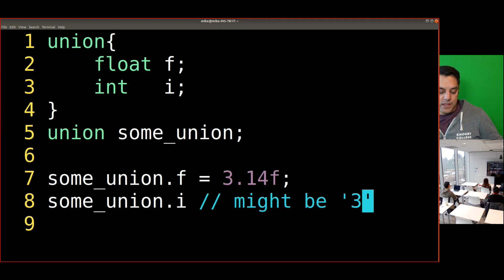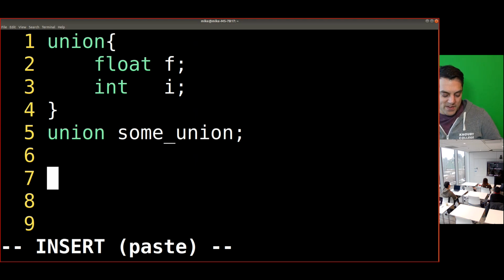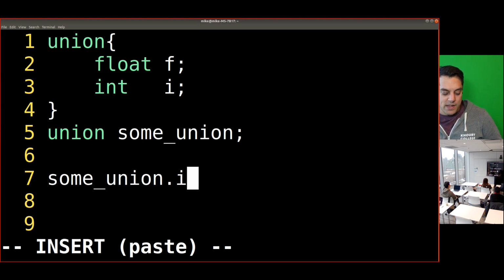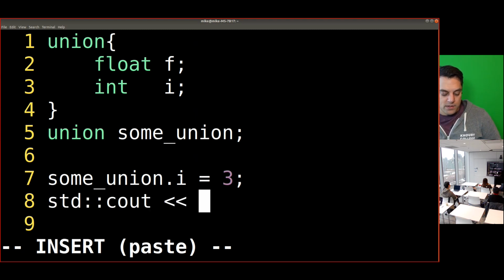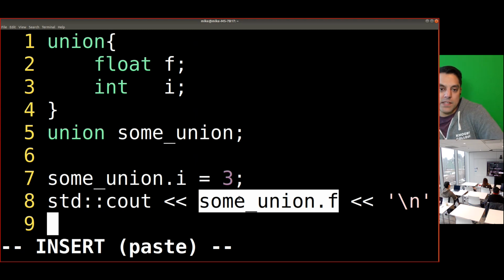It works a little better in the other direction: if I say some_union.i equals 3, and then print union.f, this would actually print out 3 here as well.